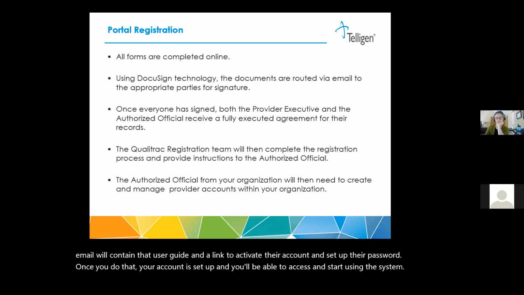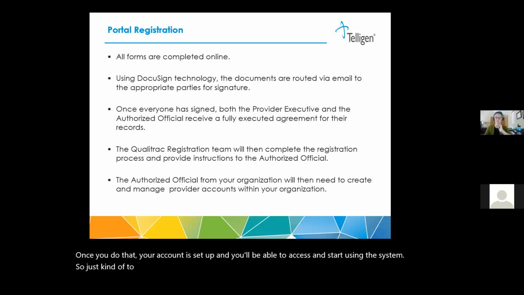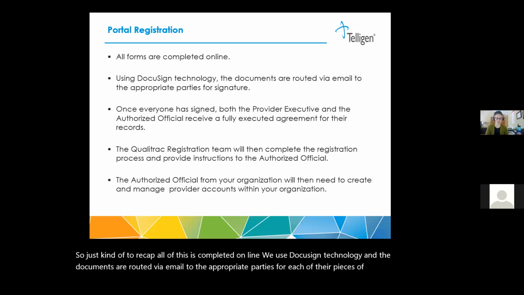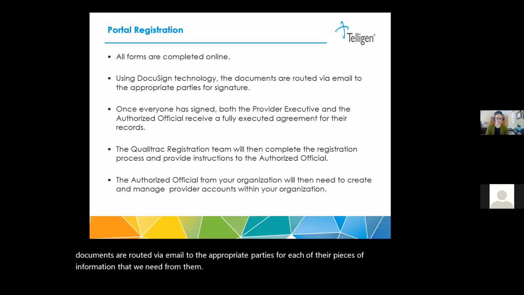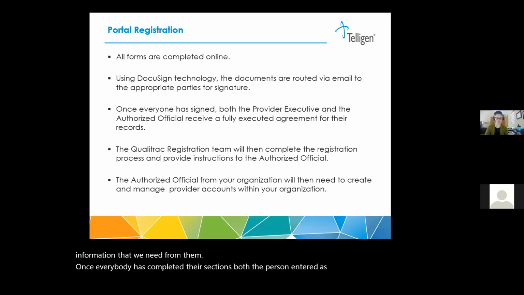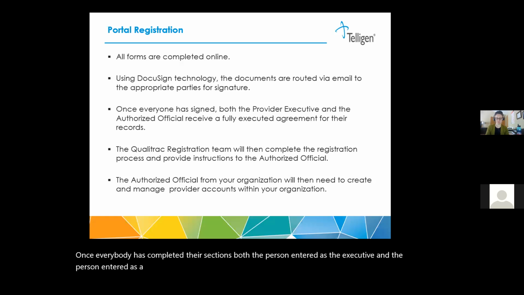So just kind of to recap, all of this is completed online. We use DocuSign technology, and the documents are routed via email to the appropriate parties for each of their pieces of information that we need from them. Once everybody has completed their sections, both the person entered as the executive and the person entered as the authorized official will receive a copy of that fully executed agreement so they can keep it in their records.